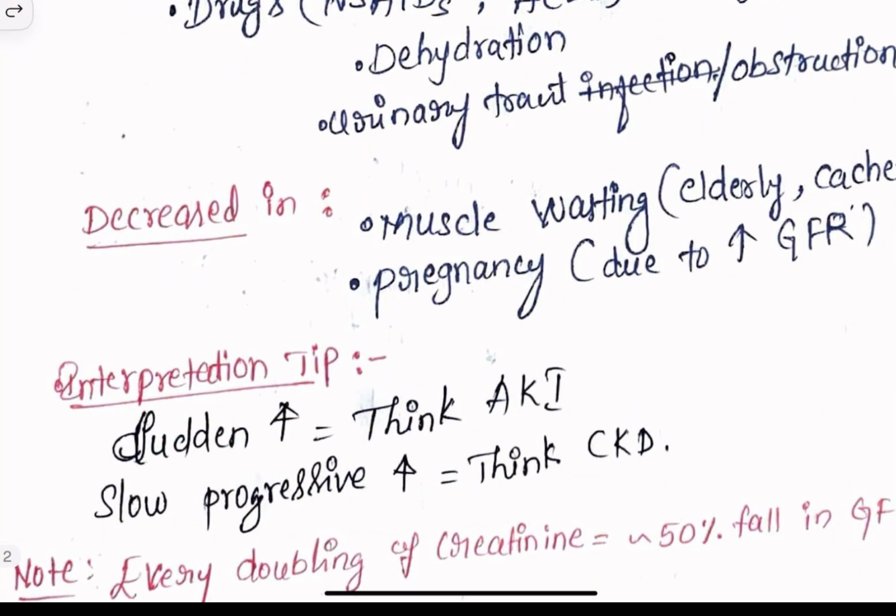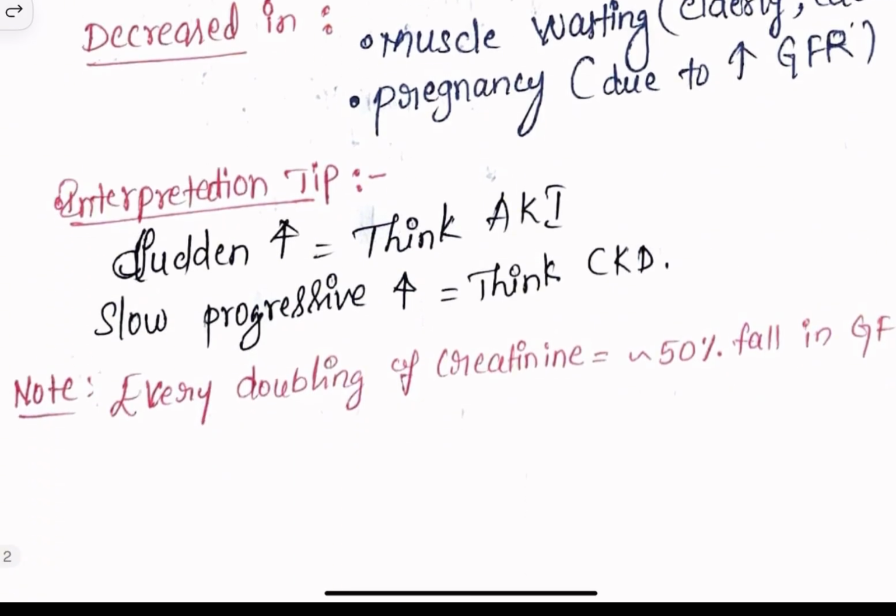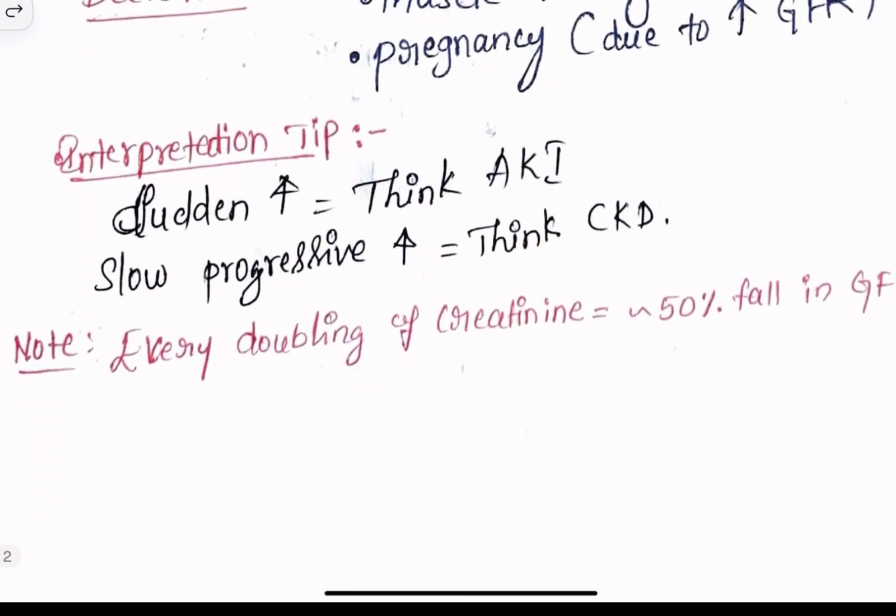If the values are decreased, what are the causes? Muscle wasting, in the elderly or in cachexia. There will also be a decrease in pregnancy, due to the increase in GFR. Now an interpretation tip. A sudden increase in serum creatinine level, you should think about acute kidney injury.